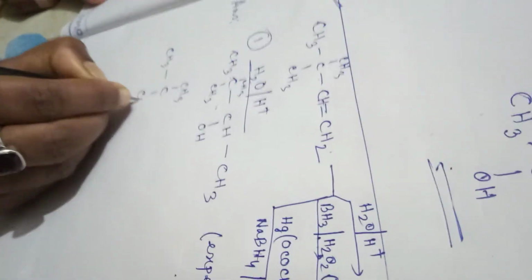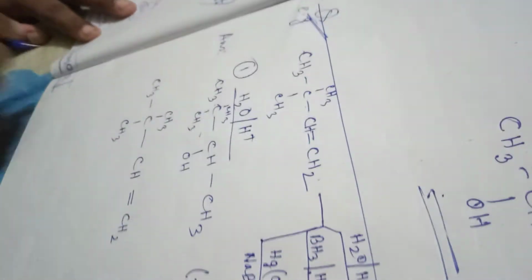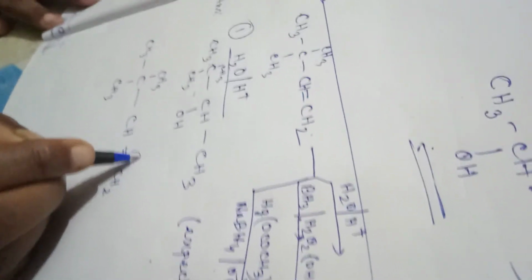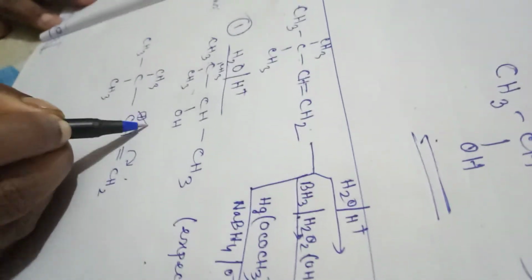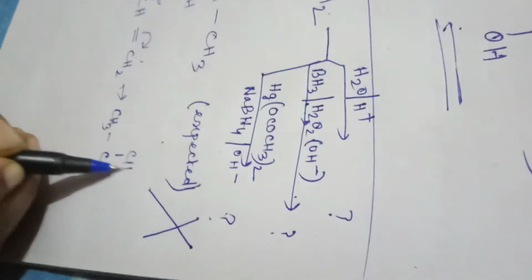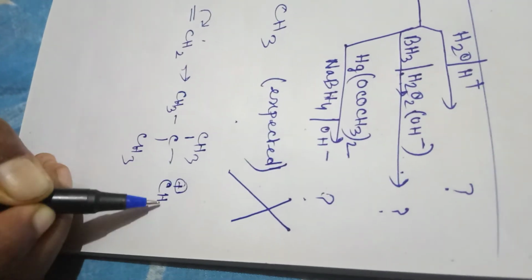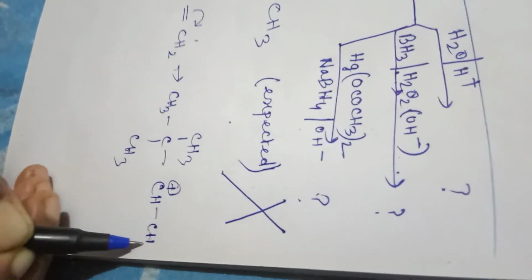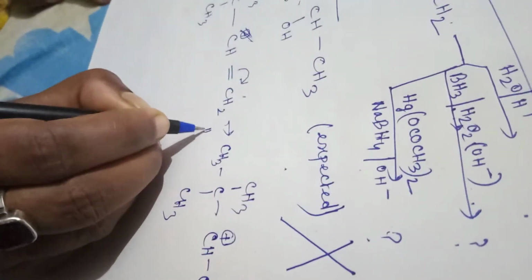CH3, C, CH3, CH3, CH double bond CH2. Once it forms the carbocation, this bond will break this way, and it will become the secondary carbocation, isn't it? So first of all, the product we are expecting is CH3, CH3, CH3, single bond CH plus, single bond CH3, if the H plus is added.